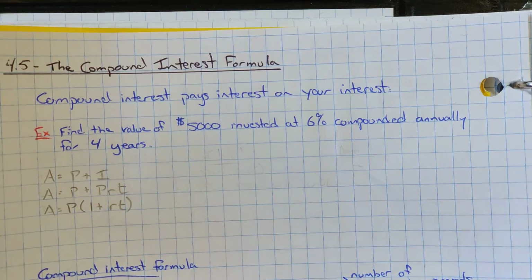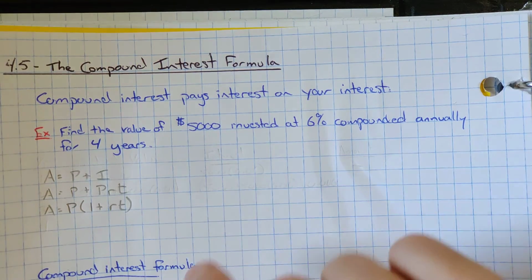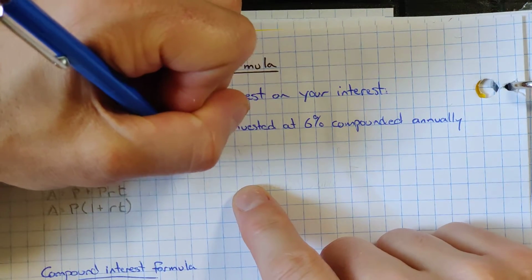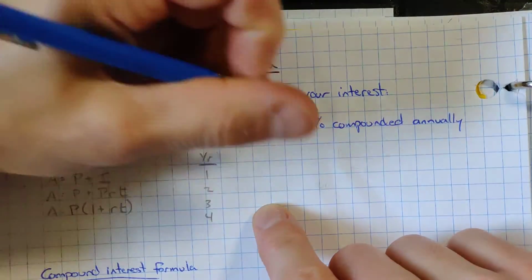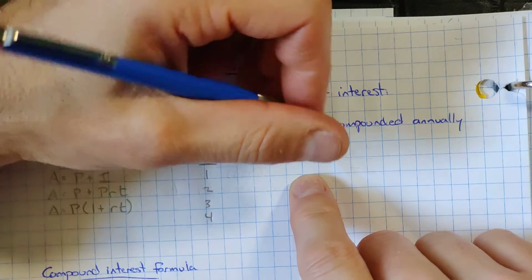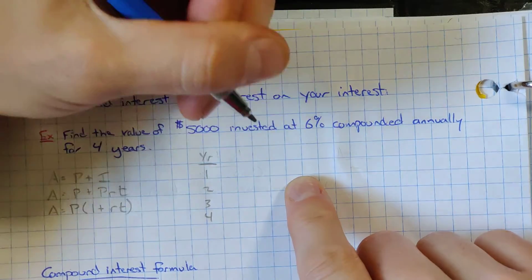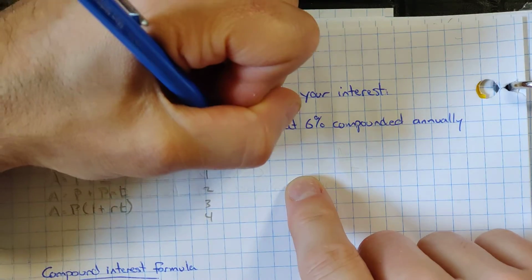So let's take this into consideration now when we do our calculation. So we got our year, 1, 2, 3, and 4. We have our original value or initial value.